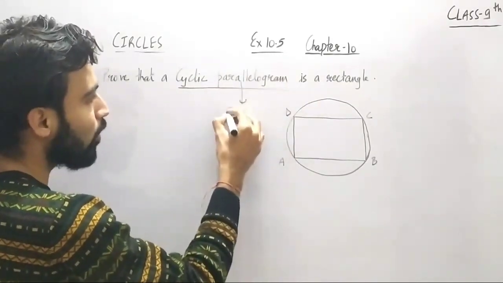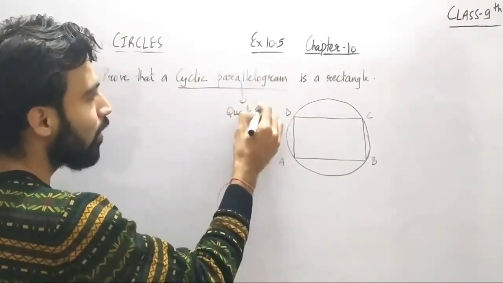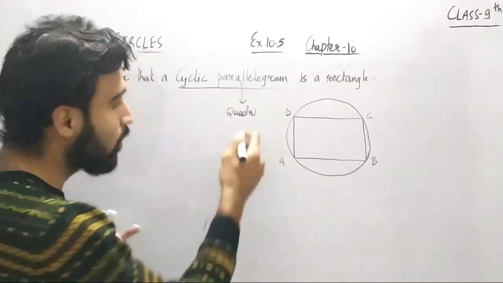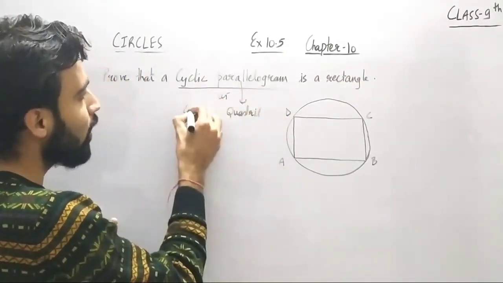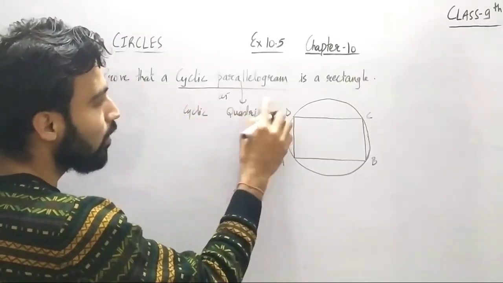Now parallelogram क्या होता है, एक quadrilateral ही होता है. You can see because it is also having four sides. So you can also say cyclic parallelogram as cyclic quadrilateral, right?